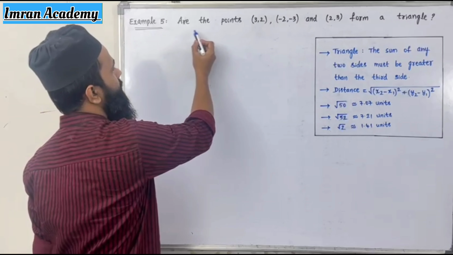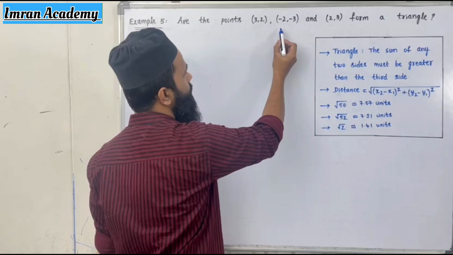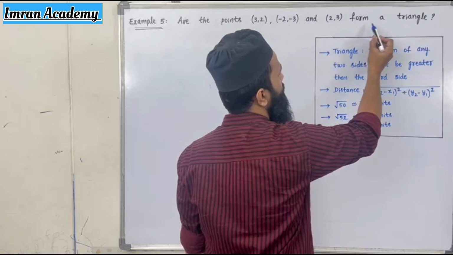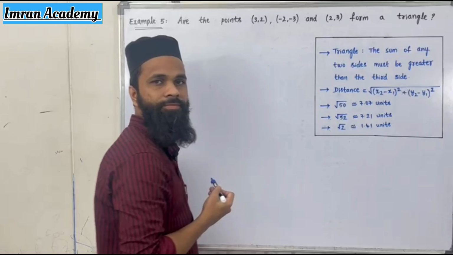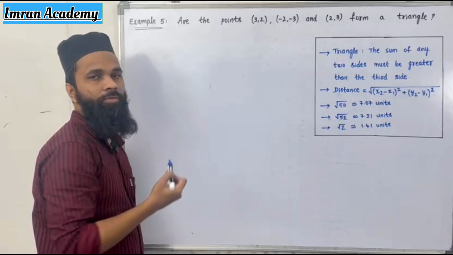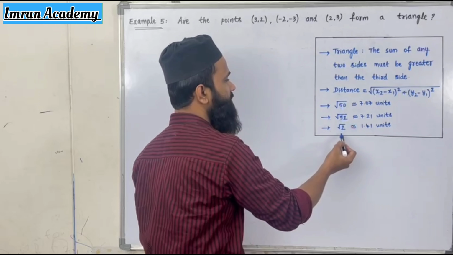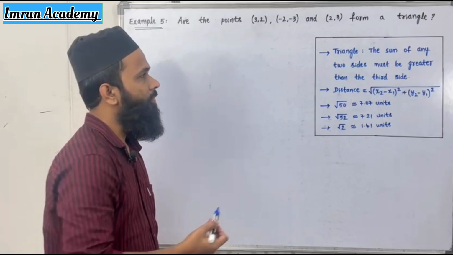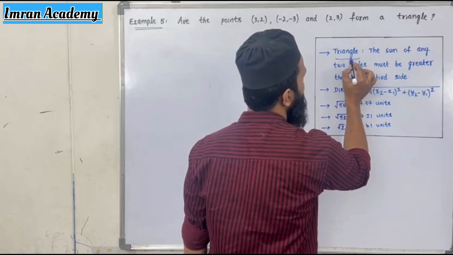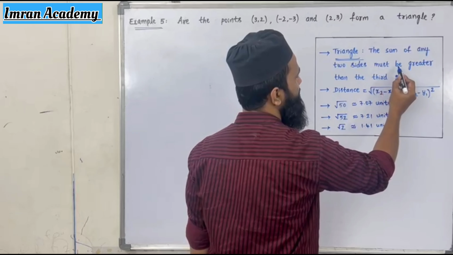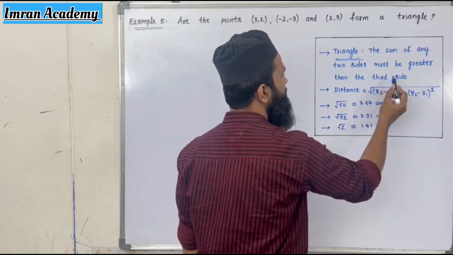Example 5. Do the points (3, 2), (-2, -3) and (2, 3) form a triangle? To solve this problem, learn this formula and these values. Condition for triangle: the sum of any two sides must be greater than the third side.